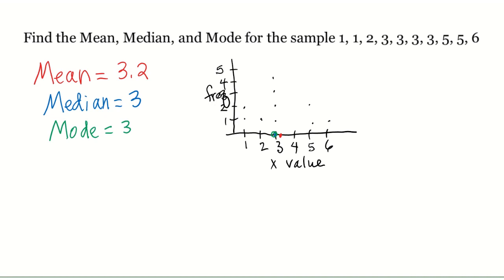But depending on how your data is distributed, that's going to affect what these actual values are. Sometimes they have the possibility of all being the exact same number, or they might be different. But usually the numbers are pretty close, and depending on what it is that you're looking for or evaluating is going to depend on which of these 3 centers of data you're going to be using.